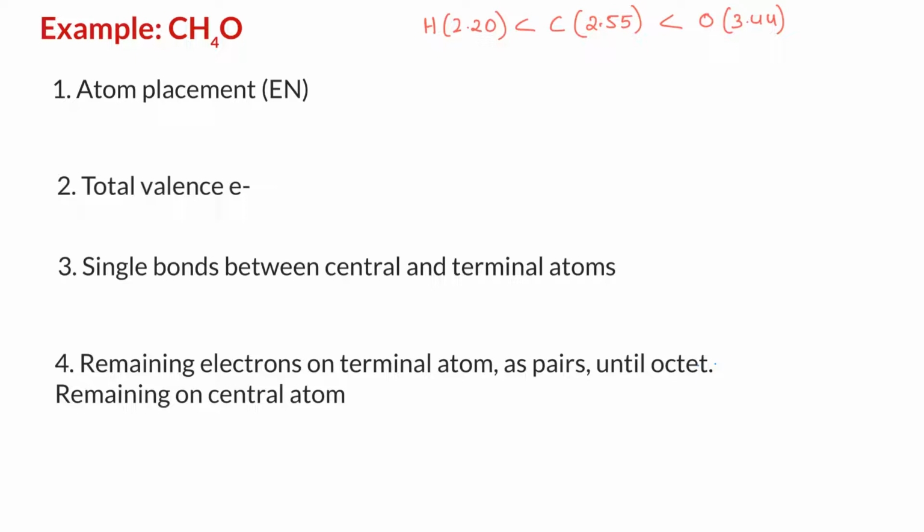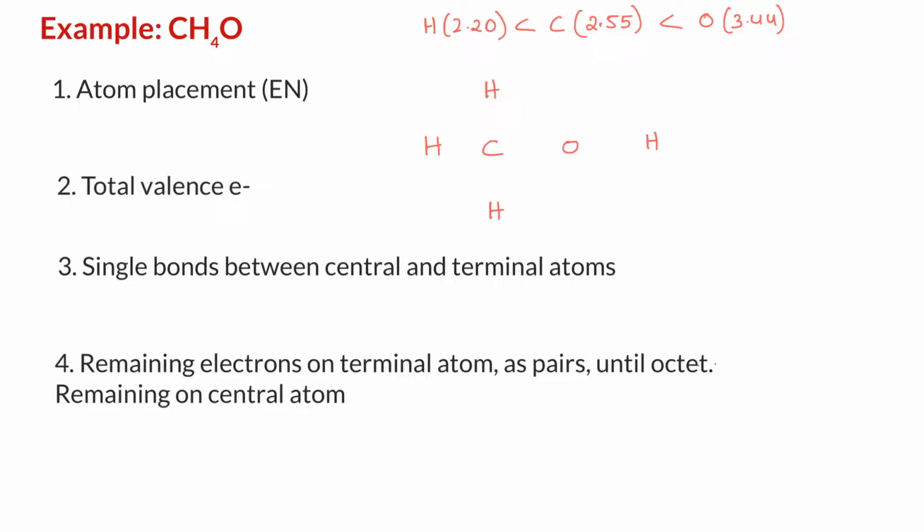Therefore, the atom with the next lowest electronegativity, carbon, acts as a central atom. Because the hydrogens can only form 1 bond, I am going to place the hydrogens at the sides. Carbon forms 4 bonds, so I am going to place the carbon in the middle, and oxygen, because it forms 2 bonds, I am going to place between the carbon and a hydrogen.